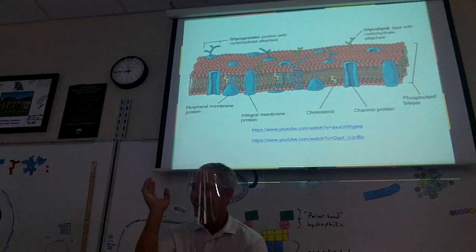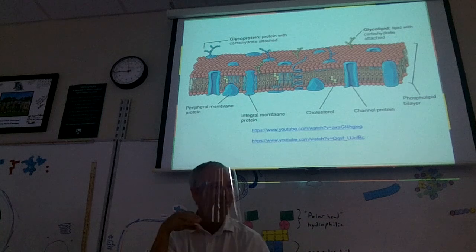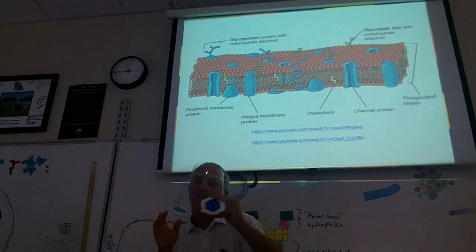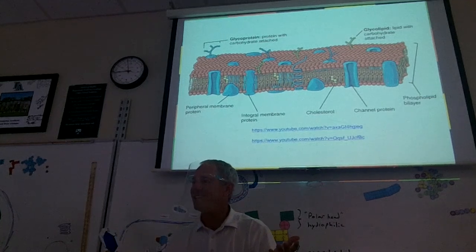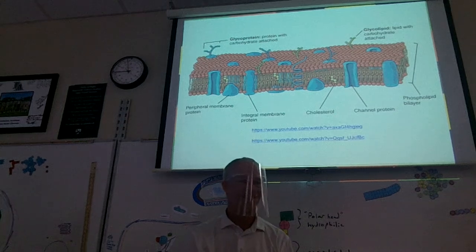Isn't that specific? We call that a carrier protein. Carries molecules through the membrane. And there's carrier proteins that have the perfect shape for every molecule the cell needs. Isn't that cool?